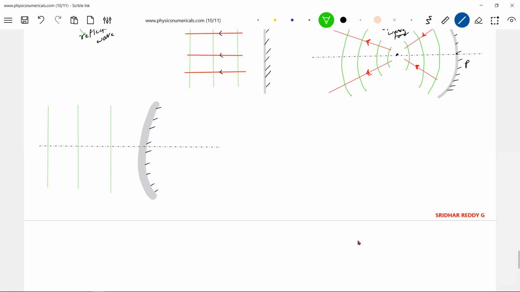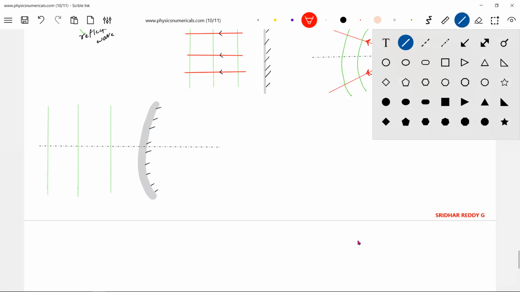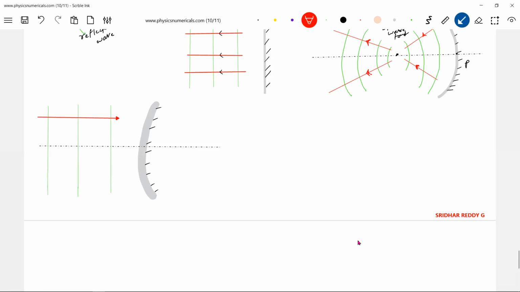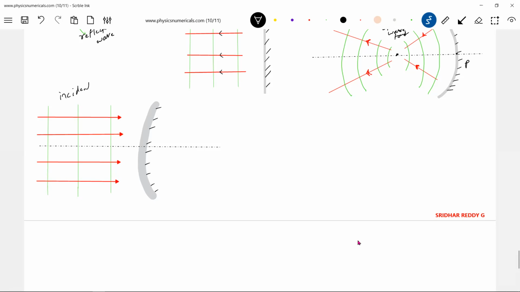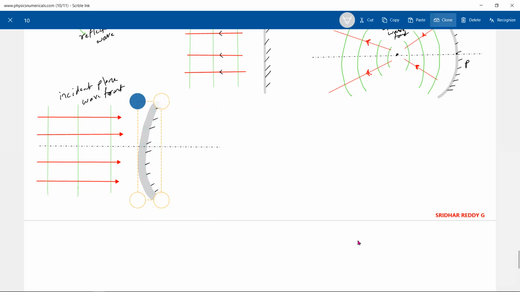The incident plane wavefront. What about the reflected wavefront? So there's the incident plane wavefront. What about the reflected wavefronts? Okay, we'll take the diagram.